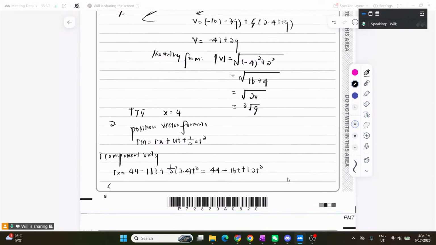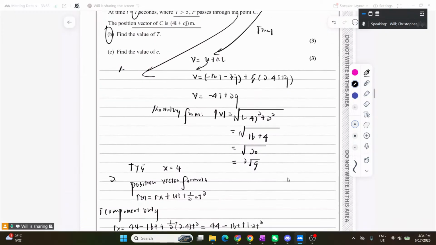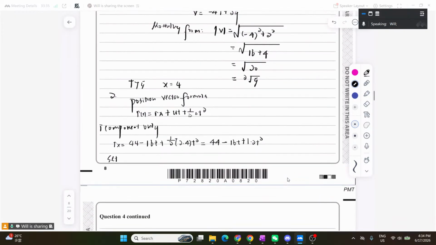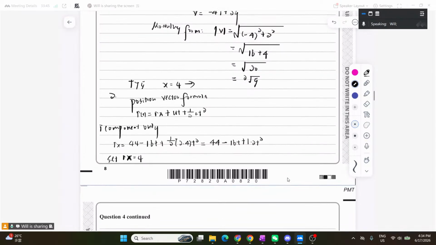And we know Rx is 4, so take it into it. I can get 1.2 t squared minus 16t plus 44 equal to 4, right? Then we can rearrange it: 1.2 t squared minus 16t plus 40.